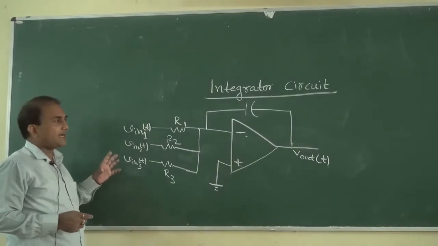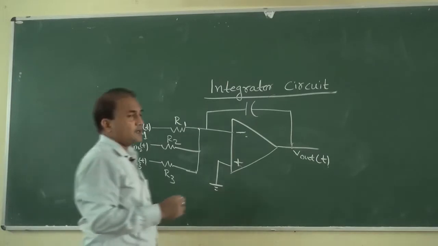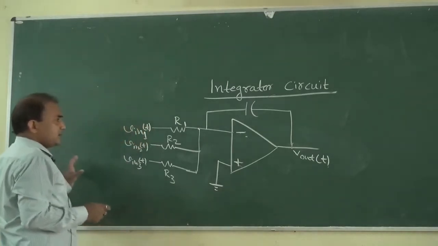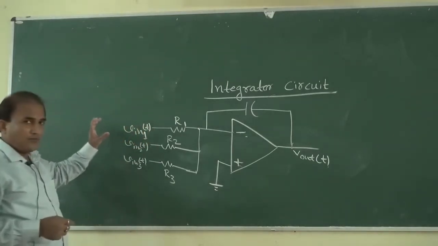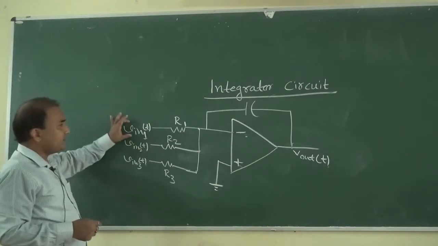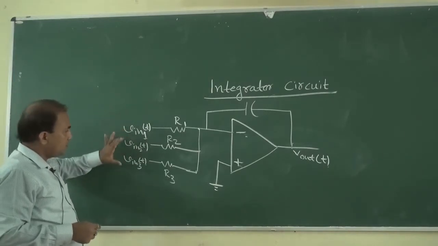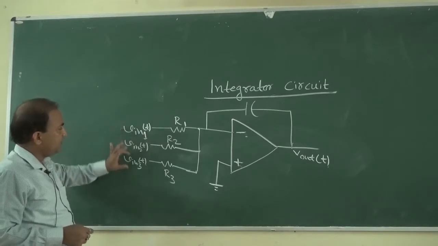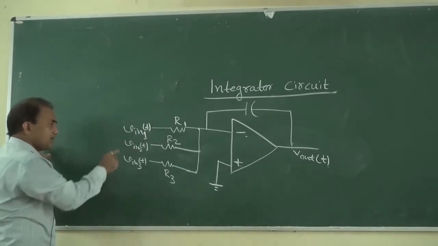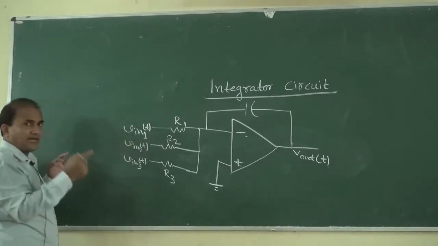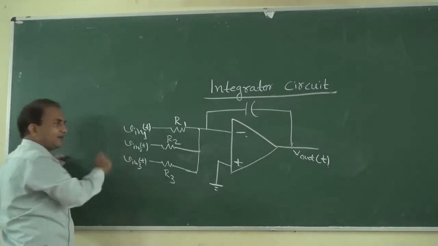So V output can be determined by using the superposition theorem. In the superposition theorem, first of all we have to consider V in 1 only, and we do not consider V in 2 and V in 3. Then we consider only V in 2, and then only V in 3.